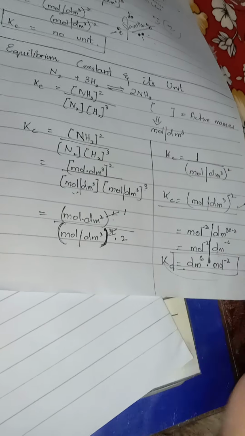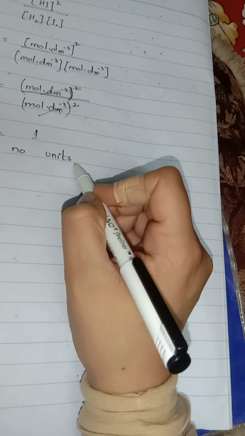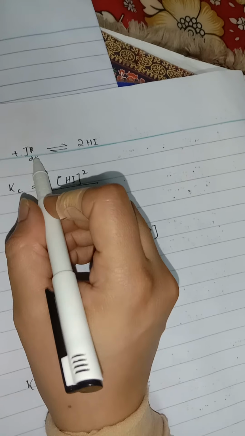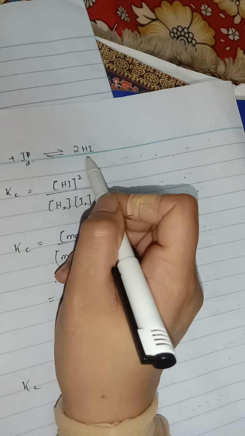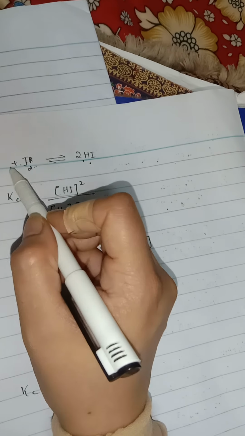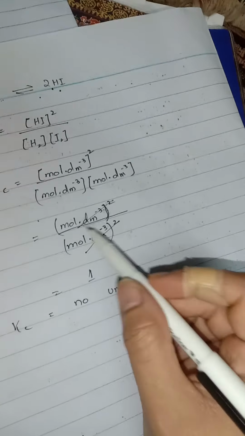Here we had the units for the Kc, and here we have no units for the Kc. For your information, if you look very carefully, the total number of moles of the reactants and the products were equal: 2 moles collectively here and 2 moles here. So we had no units.